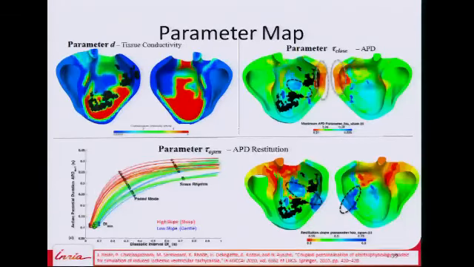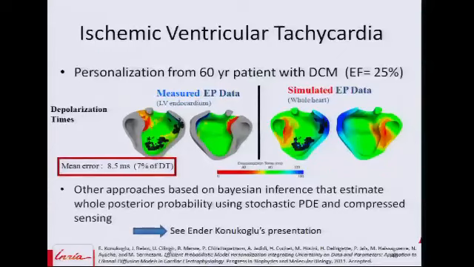So this is the outcome on the case of human data sets. You can see now that the diffusion parameters vary spatially, but the tau-close related to APD also varies spatially. This is what allows us to have a match between what you observe and what you simulate. Here again are the observations, and this is what we simulate in terms of depolarization times.